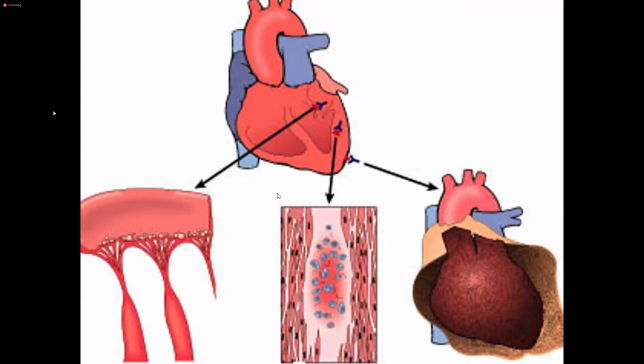Now, when we talk about rheumatic fever, immediately we understand that this is a type of hypersensitivity reaction that has resulted in patients infected with streptococcal bacteria, Streptococcus pyogenes. And there is a history of pharyngitis with this type of bacteria.